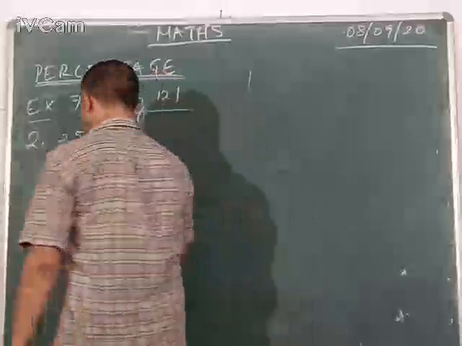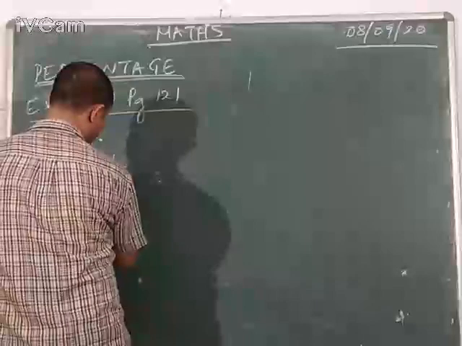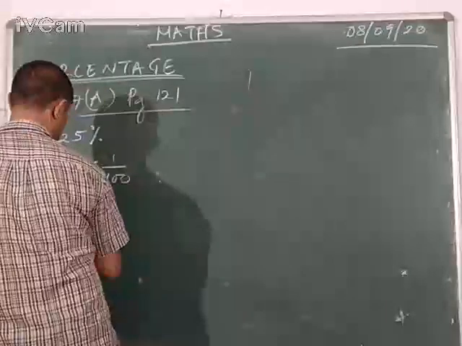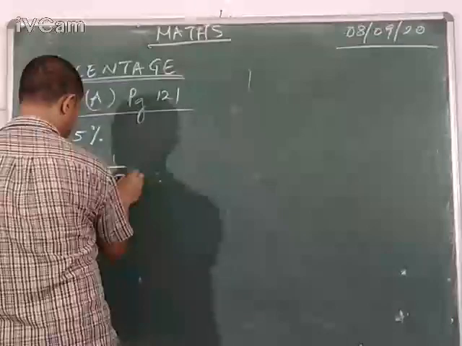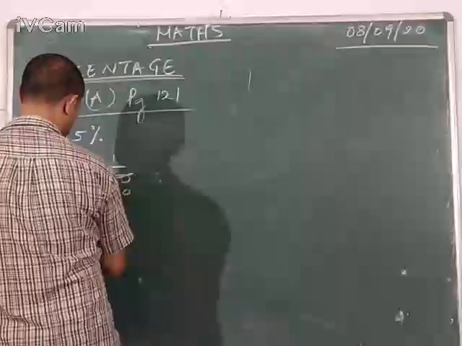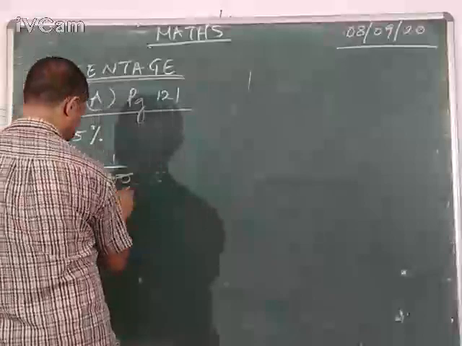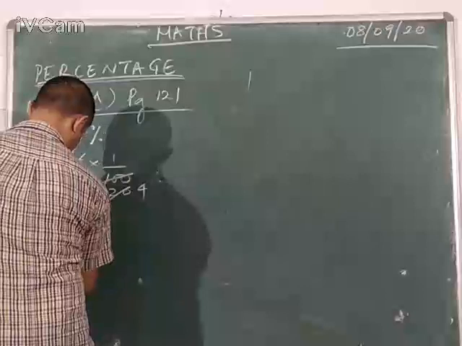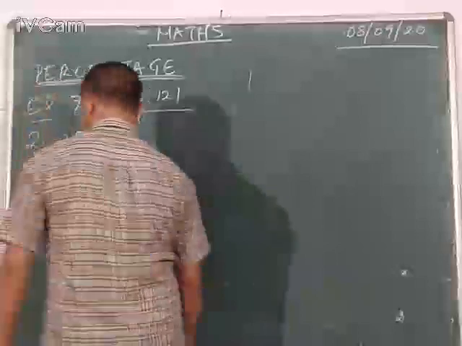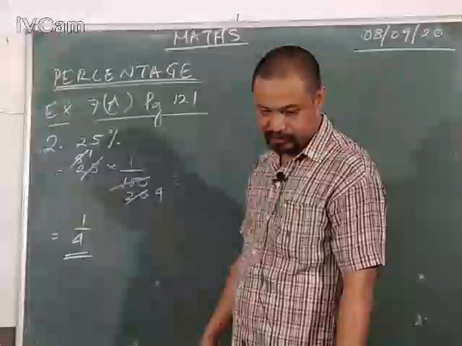So percent is again value is 1 by 100. So this becomes, we can do it directly from here only. 5 5s are 25, 5 20s are 100, so 5 1s are 5, 5 4s are 20. So this comes to 1 by 4. It's a fraction, it's in the simplest form, you cannot reduce it further. Okay, so that is number 2.